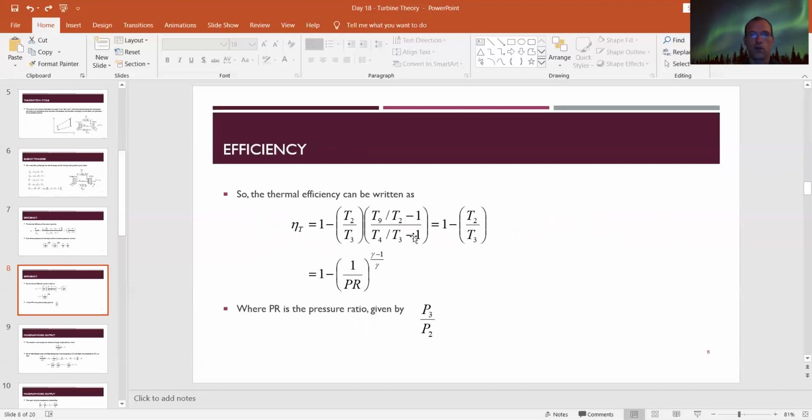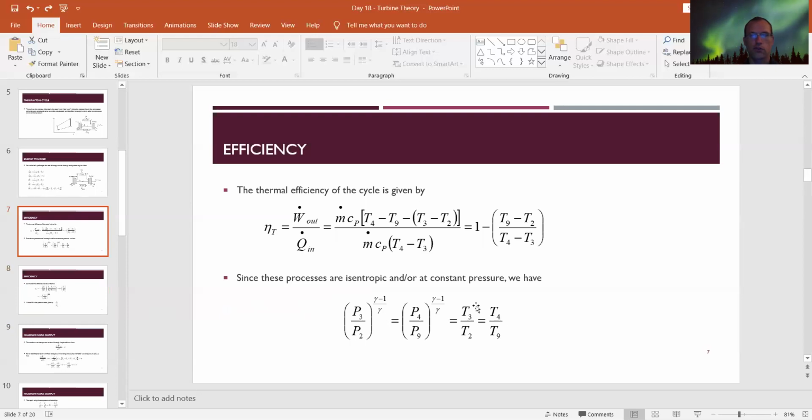Instead of having T4 minus T3, I have T4 over T3 minus 1. And then T9 over T2 is the same thing as T4 over T3 from these pressure or temperature relationships down here.